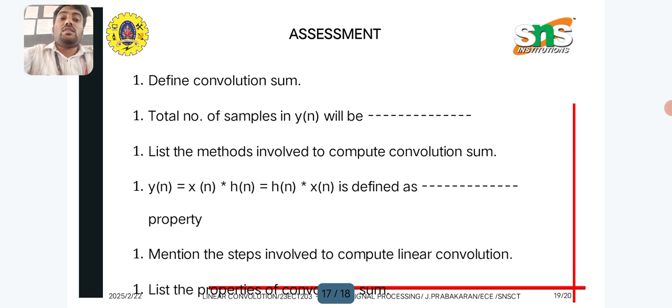List the methods involved to compute the convolution sum. y of n equal to h of n convolved with x of n, and equal to x of n convolved with h of n: this is which property of linear convolution? And mention the linear convolution steps. What are the steps involved? Note this assignment and comment me the answer.